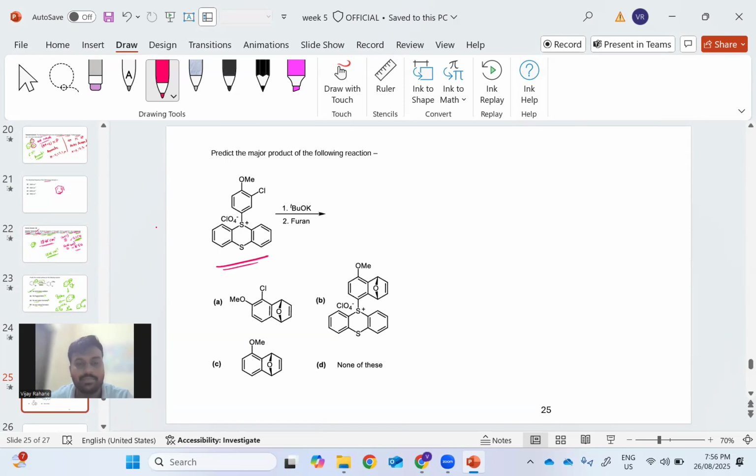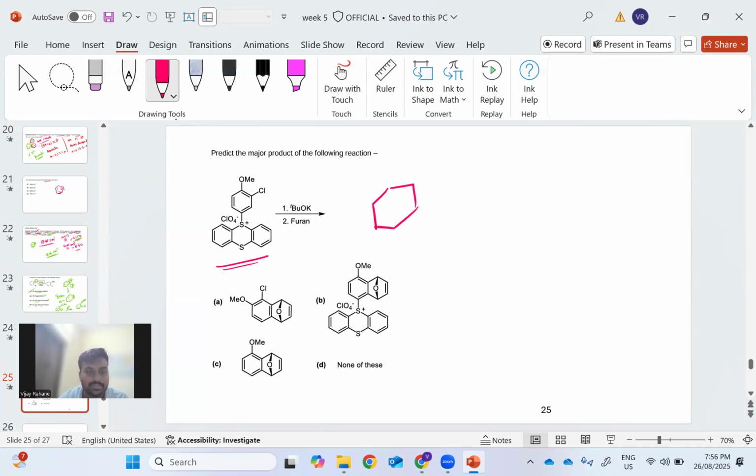So basically, if you look at the topic which we are learning today, which is benzyne and the structures which involve such groups, what does the strong base do? There will be a formation of such groups.